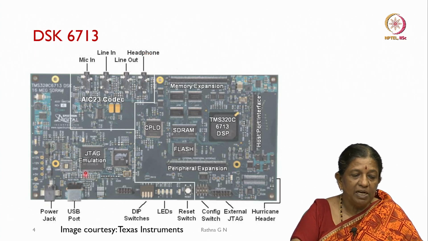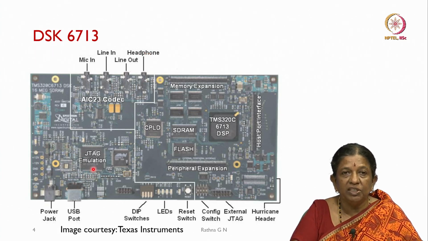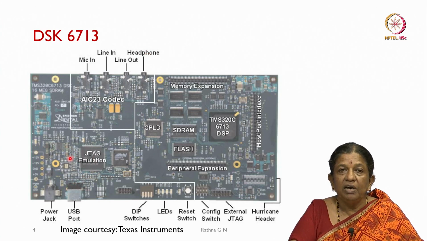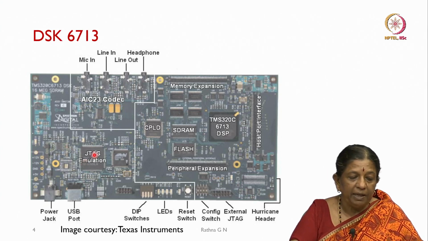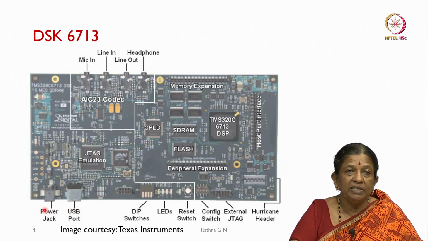We have a little bit of JTAG emulation, which makes debugging friendly. And then we have a power jack, which is going to be connected to a 5 volts power supply, and this is the USB port which is going to be interfaced with our laptop or desktop, any of the systems.